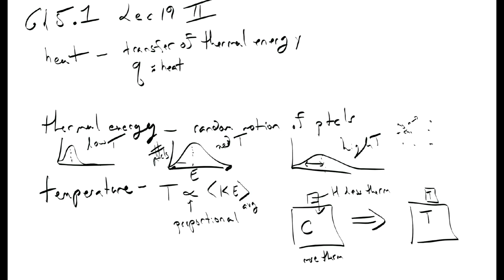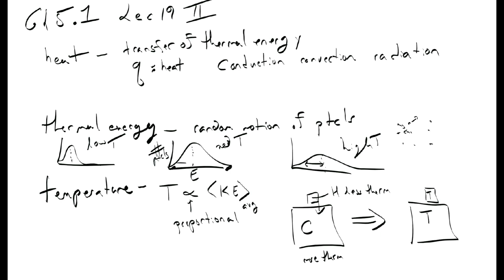There are different ways this could happen. Your elementary school might have been different from mine, but I recall we talked about conduction, convection, and radiation as the three different ways that heat can be transferred.